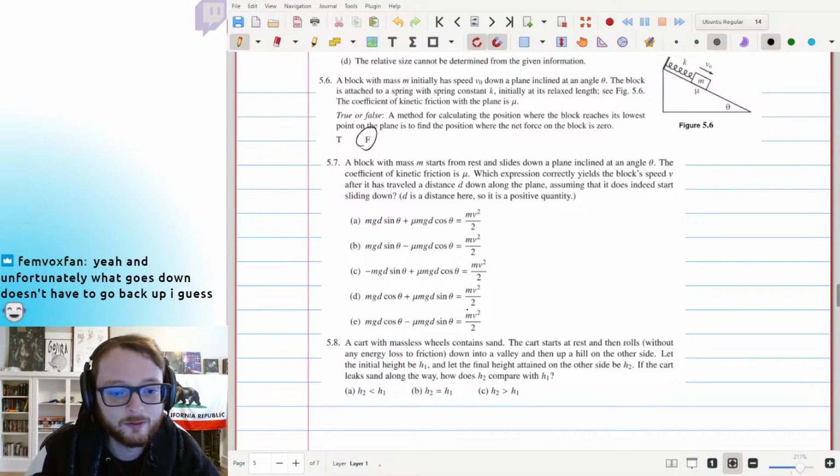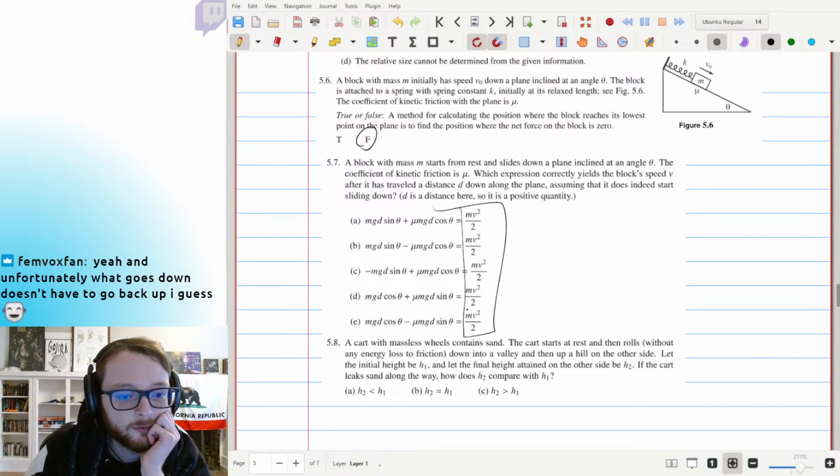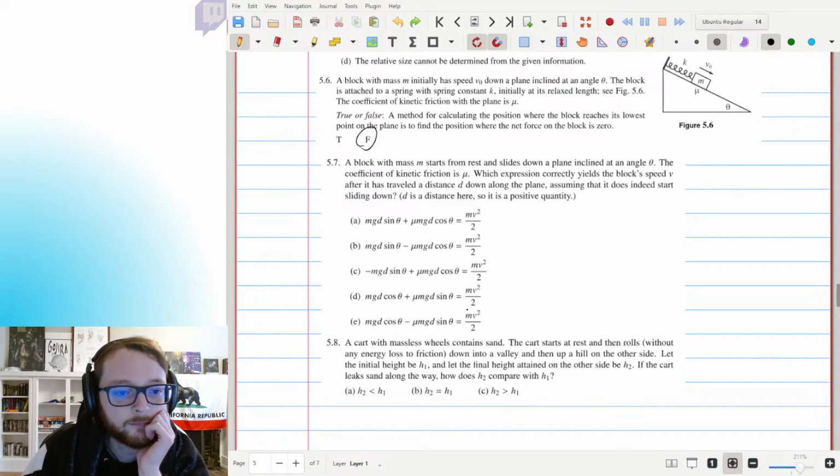I can see on the right side, we have kinetic energy in every scenario. Now, a block with mass m starts from rest on an inclined plane at angle theta.